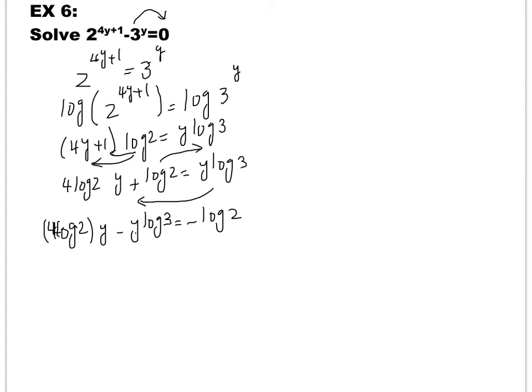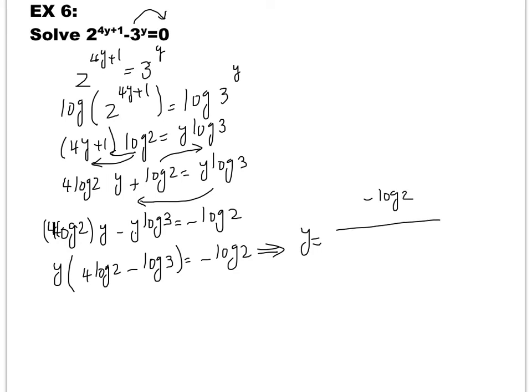I factor out y here, so I get y times 4 log 2 minus log 3 is negative log 2, or y is equal to negative log 2 divided by 4 log 2 minus log 3, which is approximately equal to negative 0.4.